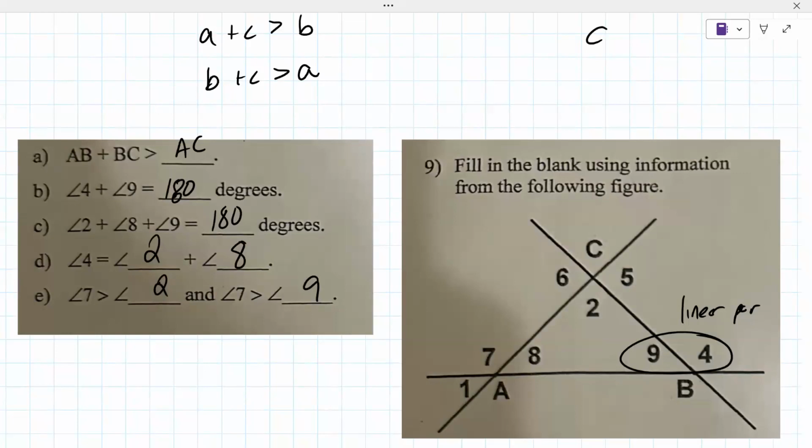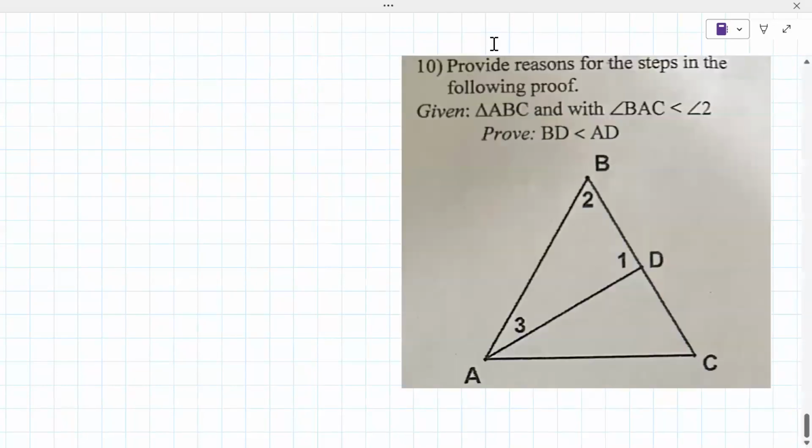All right. So the last one's a proof. They give you the statements and then there's the reasons.